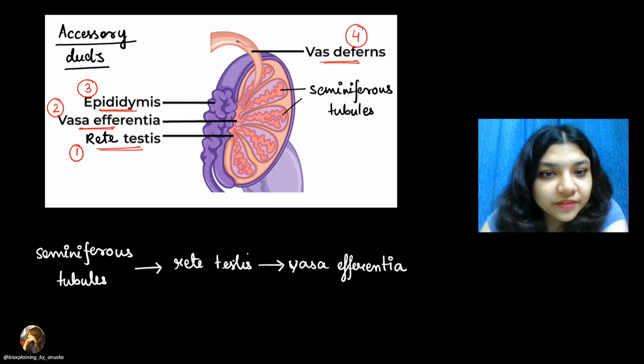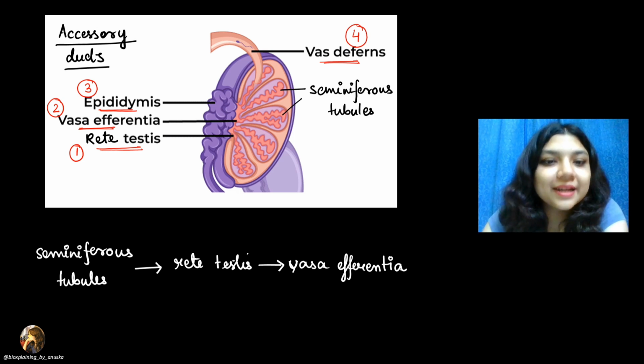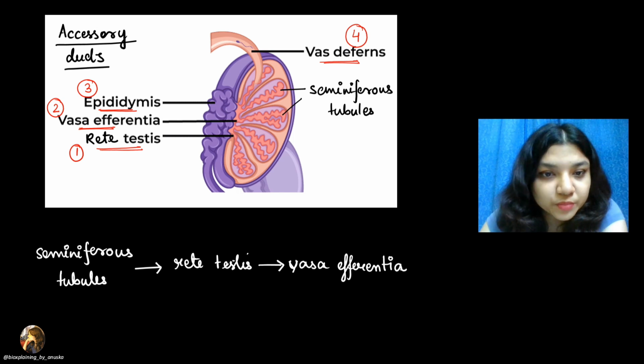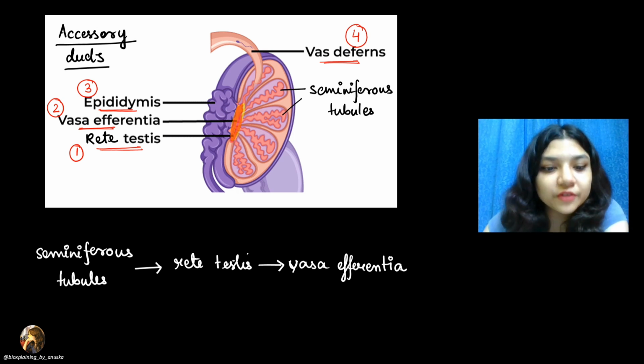So the seminiferous tubules connect to the rete testis. Then where do they connect to? They will connect to the vasa efferentia. So which part is the vasa efferentia? I'll highlight in red probably. Yeah, this part is the vasa efferentia.